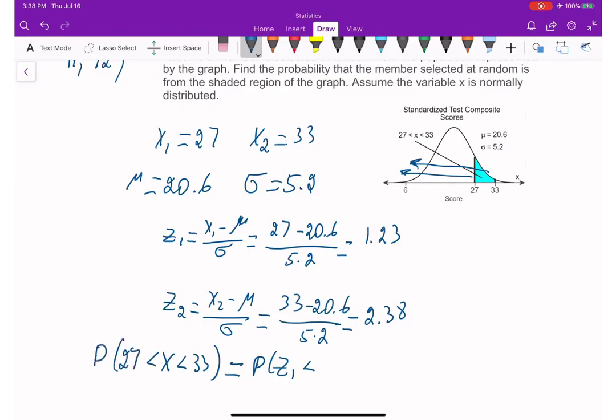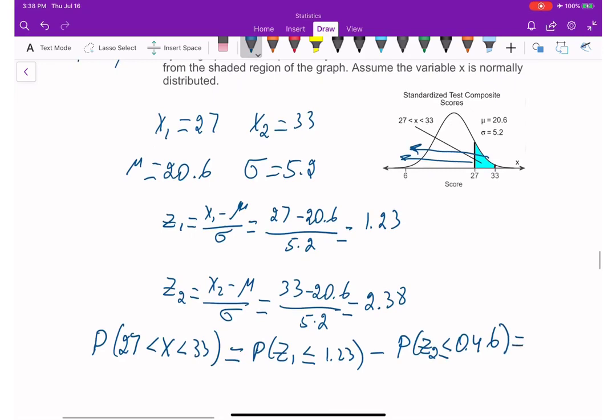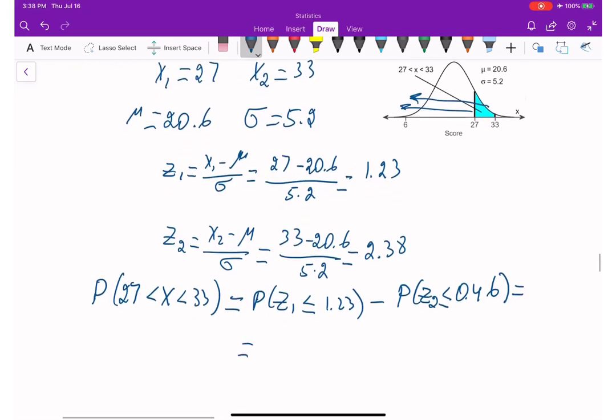I know my handwriting is not the best. So Z1 is less than or equal 1.23 minus probability of Z-score 2 less than or equal 0.46, and that is equal... Wait a minute, I think I should put the opposite, because this is positive.